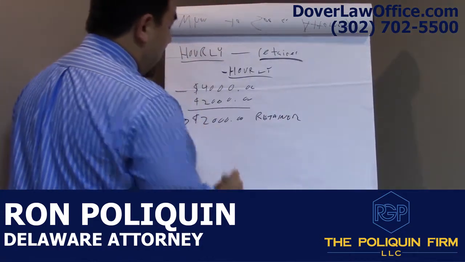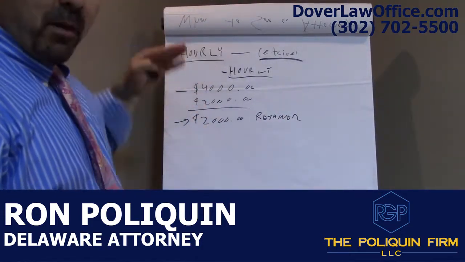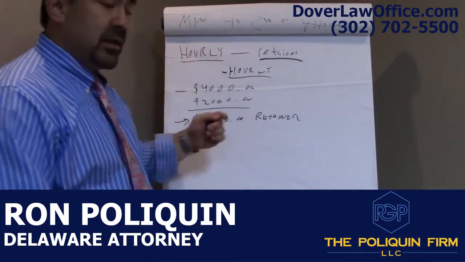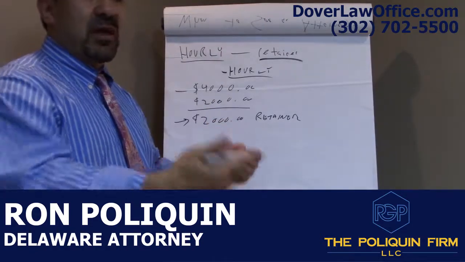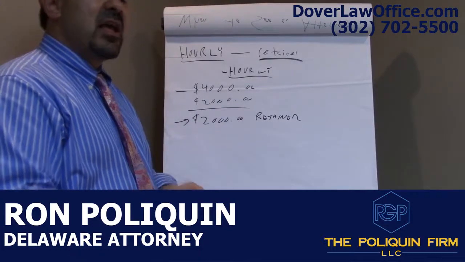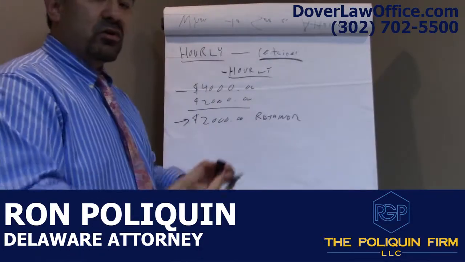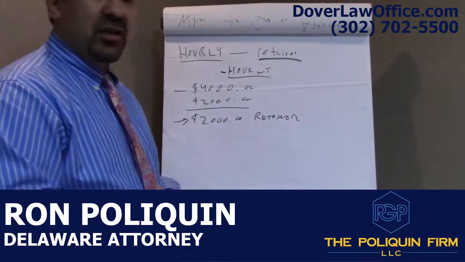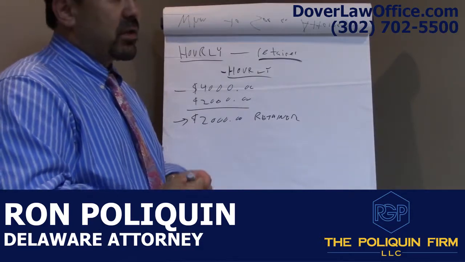And at that point in time, you'll see that it should have an hourly breakdown. It should say 0.45 hours spent on this, 0.3 hours spent on that. It should be a complete breakdown. And the attorney earns that before he takes it out of your retainer trust account, okay?